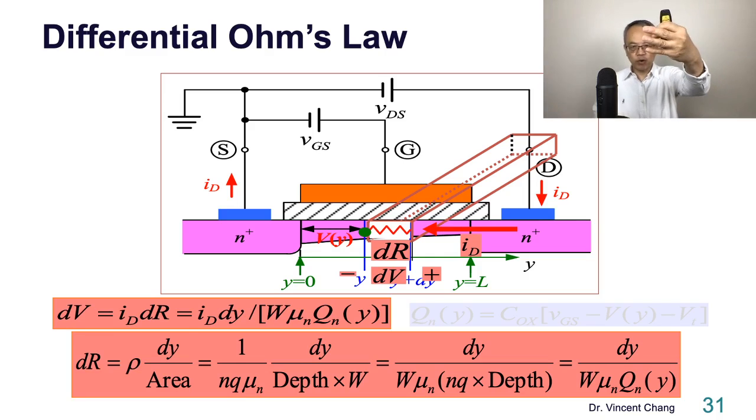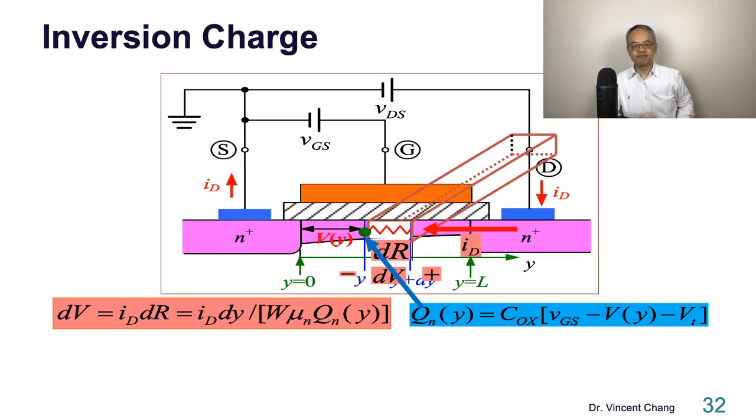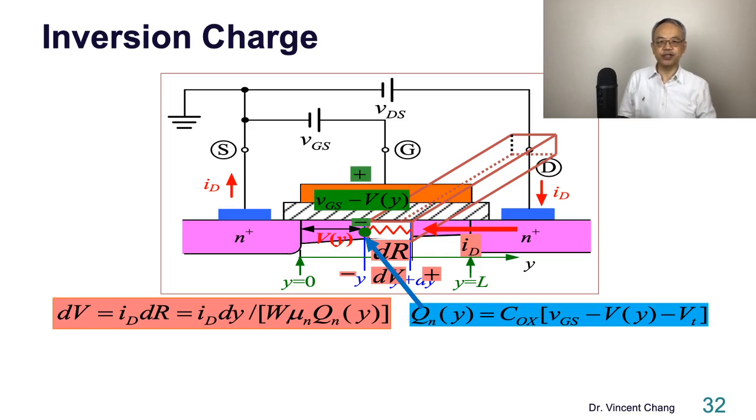Now let's plug in the formulation for the dr, dy divided by W mu times Q. And now let's replace the Qn of y by the blue equation. Again, the channel potential, the voltage VGS minus V of y, represents the voltage drop across the MOSFET structure at the point y.